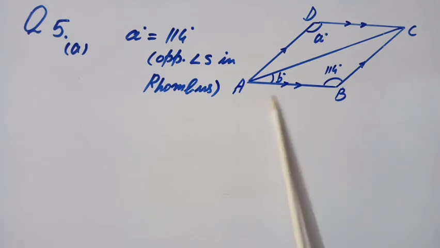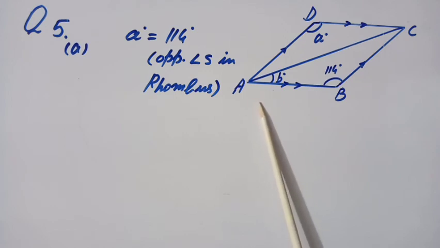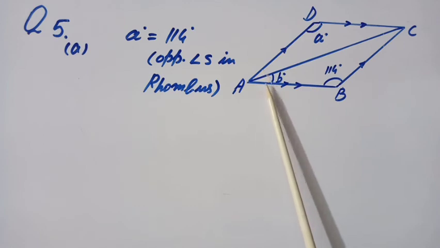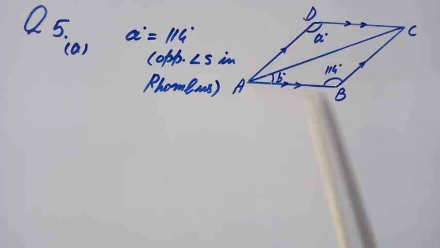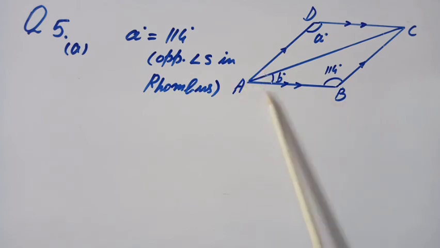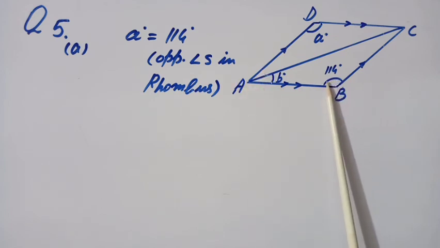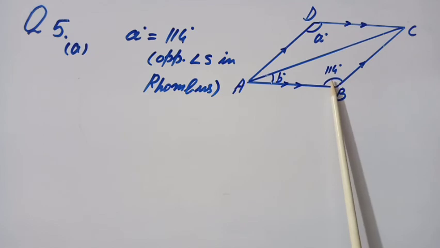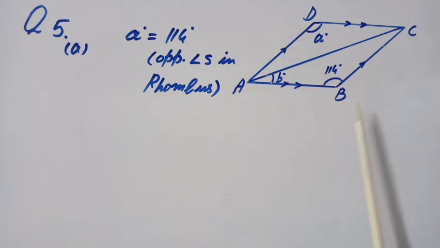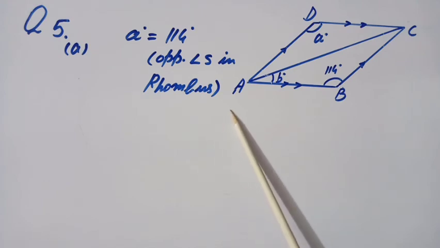To find out this angle B, first of all we will find out whole this angle at the point A. What the angle? DAB. Do you watch that DAB and 114 are interior angles? Why? Because DA and BC are parallel to one another.